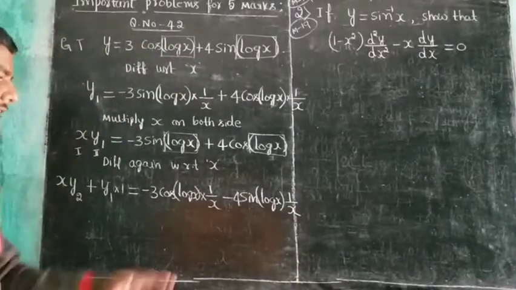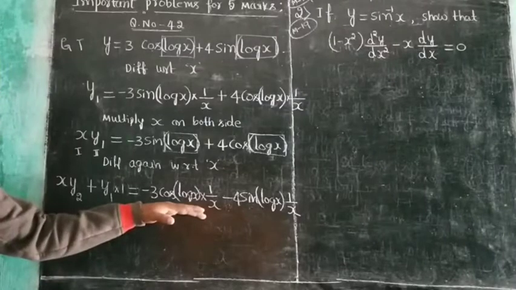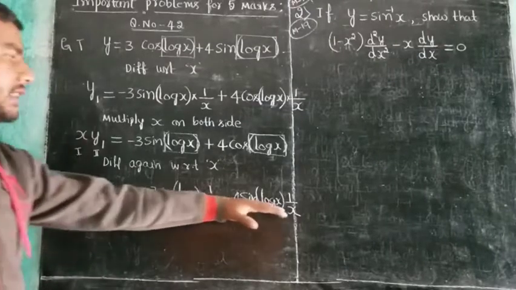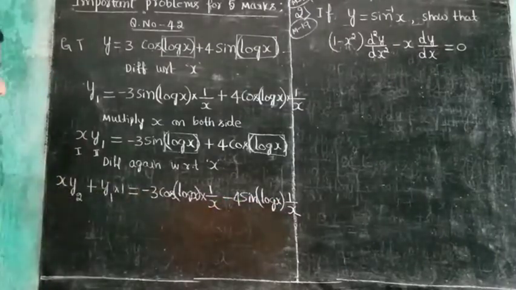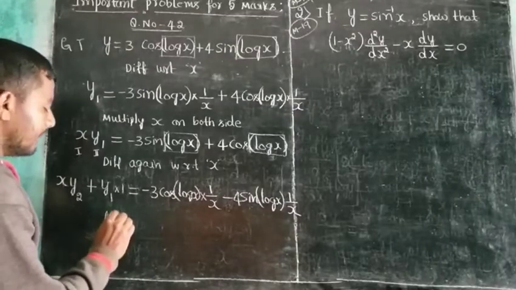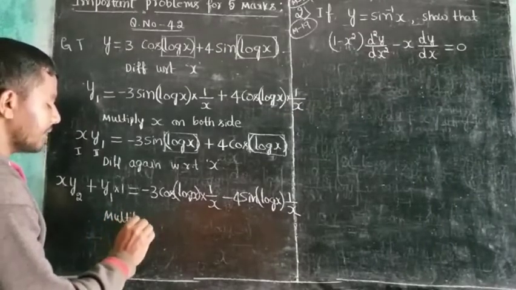And once again in the first term, in the denominator we have a cos x. So once again multiply x on both sides.